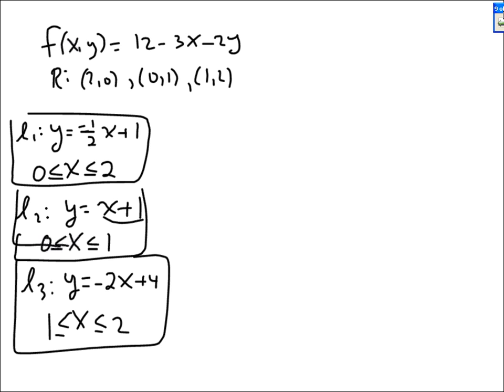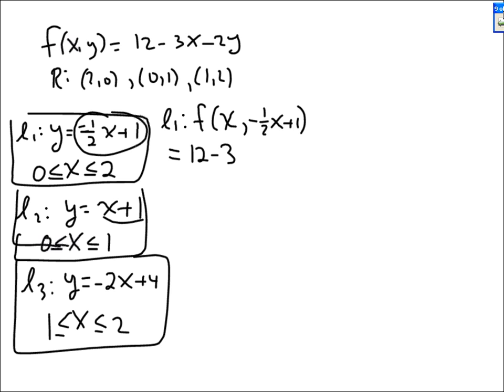Okay, so from line 1, f(x, y): y gets replaced with negative a half x plus 1. So I get 12 minus 3x minus 2 times (negative a half x plus 1).